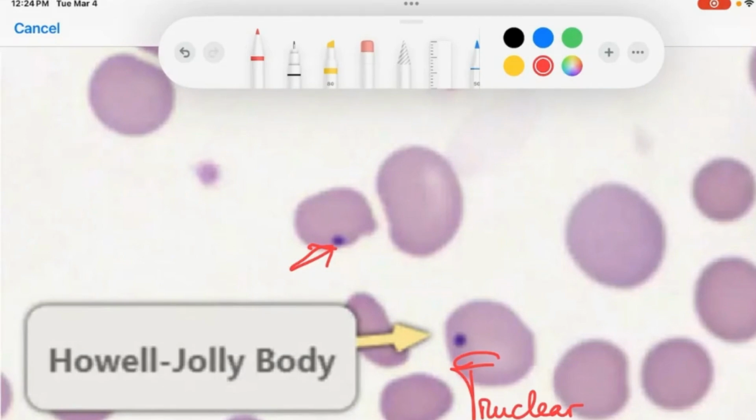In patients who have had their spleen removed, these Howell-Jolly bodies will remain. So you'll start seeing red blood cells in the peripheral smear that have retained nuclear DNA. If the spleen was present, it would have removed all of that. So in a person with a normal functioning spleen, you won't see Howell-Jolly bodies in the peripheral smear.